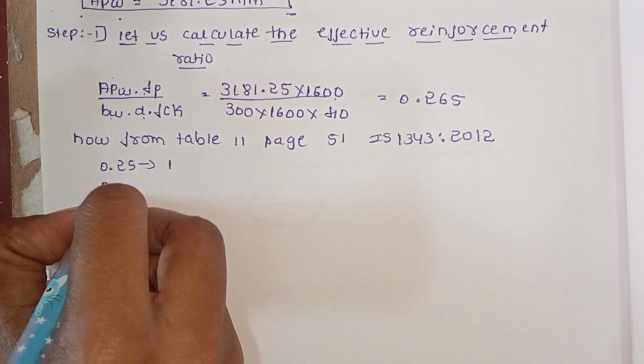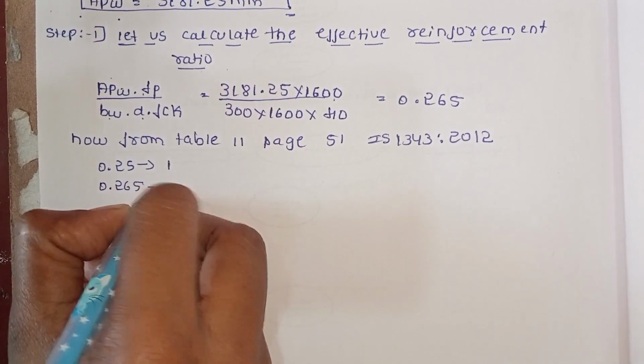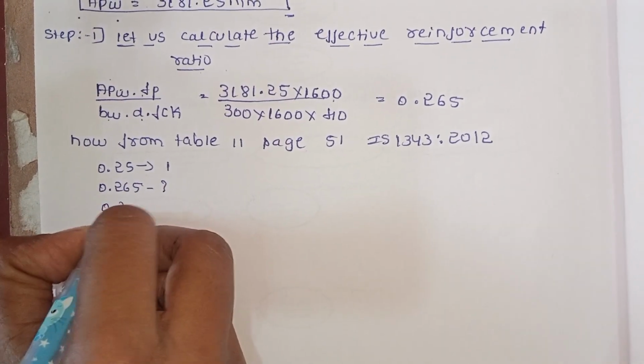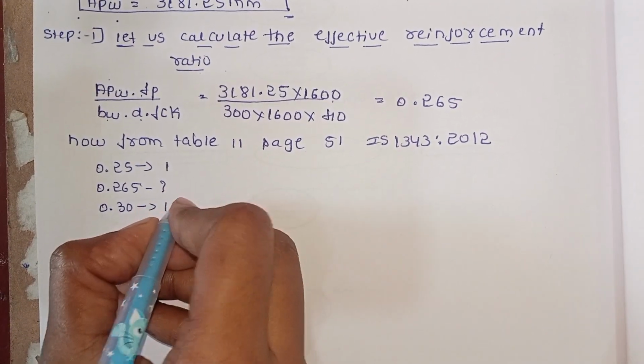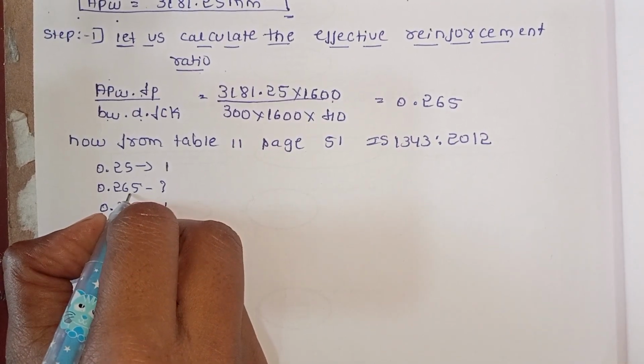Now we want the 0.265 corresponding value, we don't know. So 0.30 corresponding value is 1. With the help of interpolation, we find the 0.265 corresponding value.